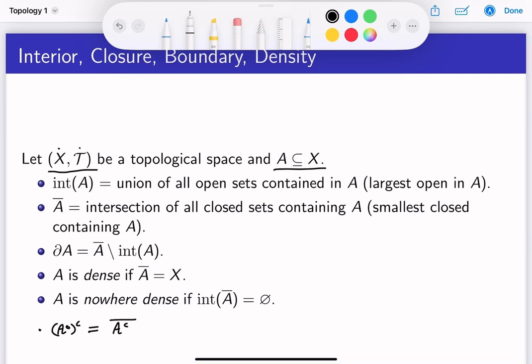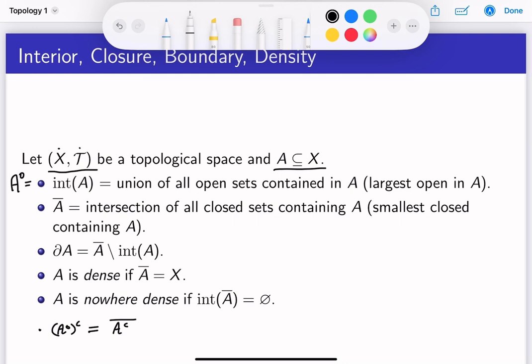We're going to define the interior of A to be, it can also be written like A superscript 0. This is called the interior, or circle.